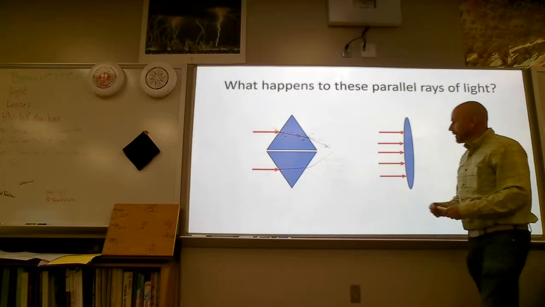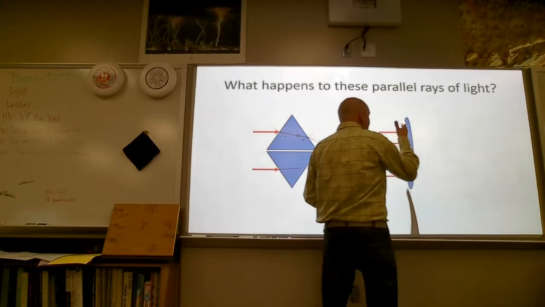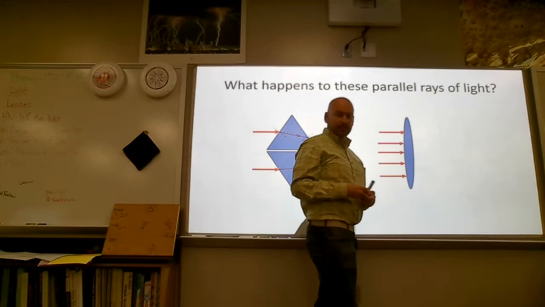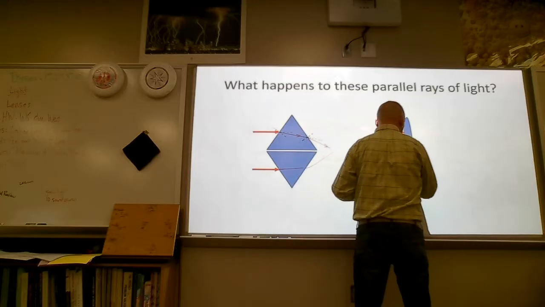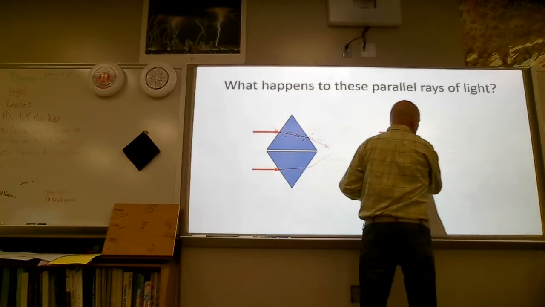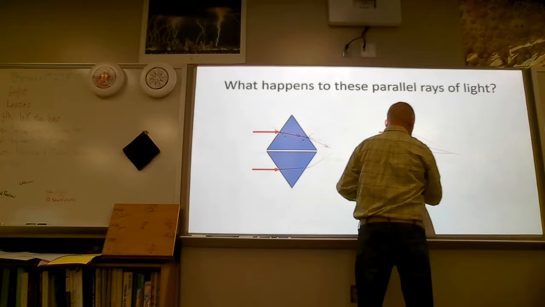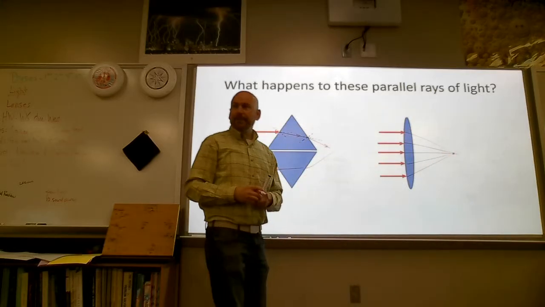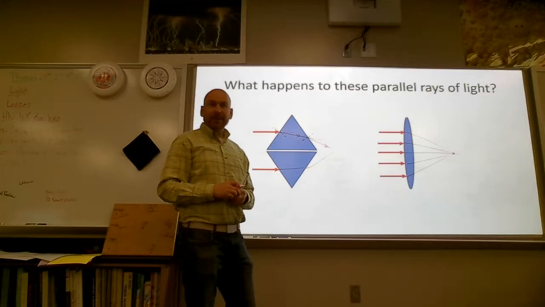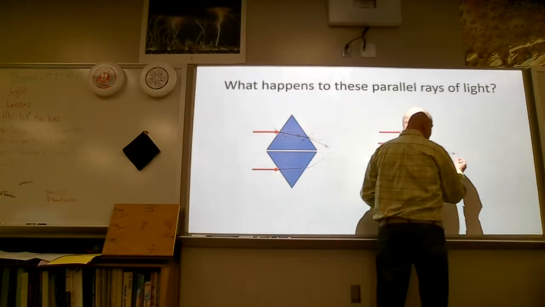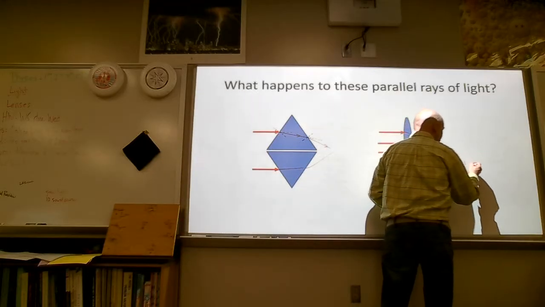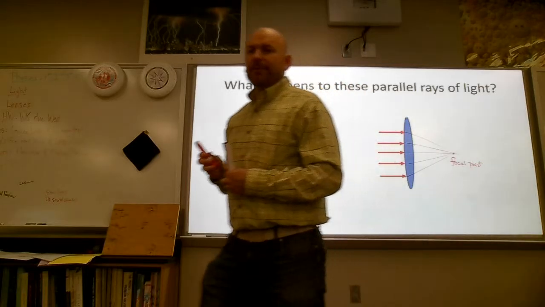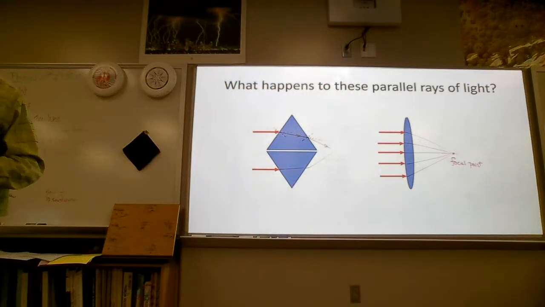Good? Okay. So, based upon your exploration with the optical toy box, this thing's going to do something like that. Remember that? Friday? This is known as the focal point. This is where you can start fires with a magnifying glass.